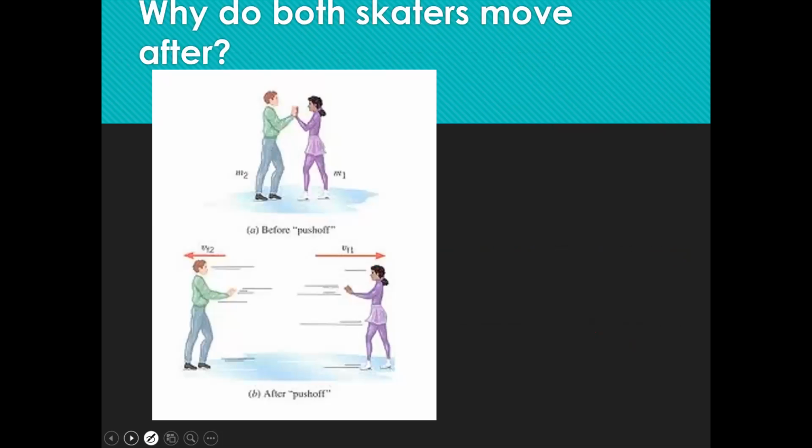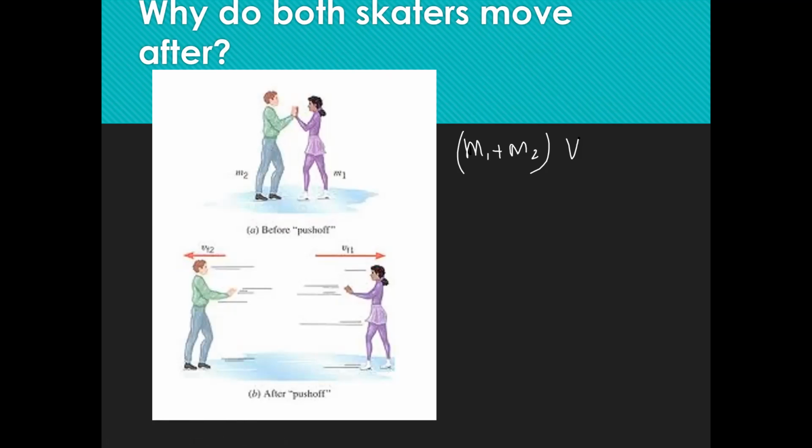Now look at these two, the man and woman here. Why do both skaters move after? At the first one, here we have m1 plus m2. Before, the momentum here, we have m1 plus m2, and they have the same velocity, which is 0. They are not moving.